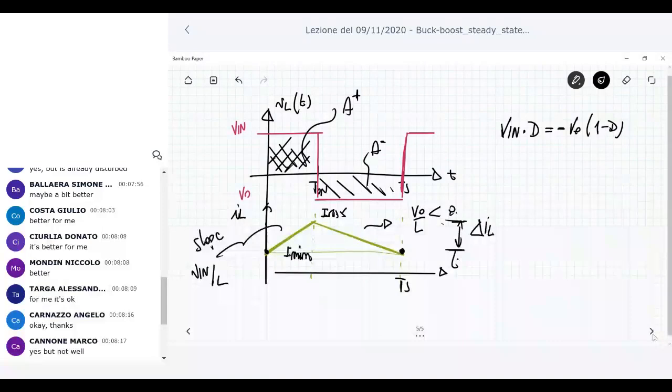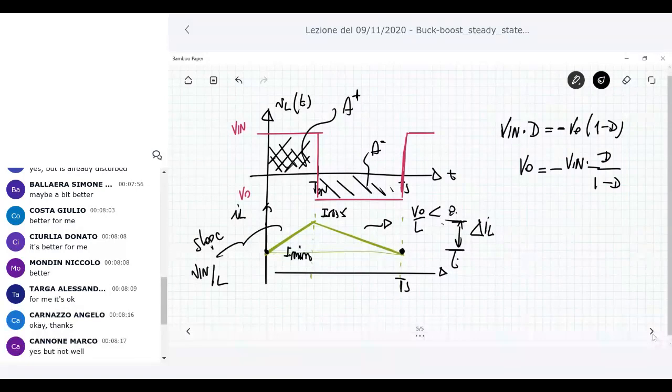So try to solve this expression, which comes directly from the volt-second balance of the inductor, to derive the output voltage. V naught is minus V in multiplied by D over 1 minus D.